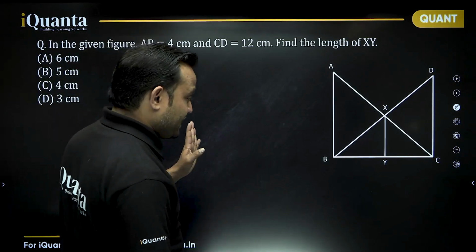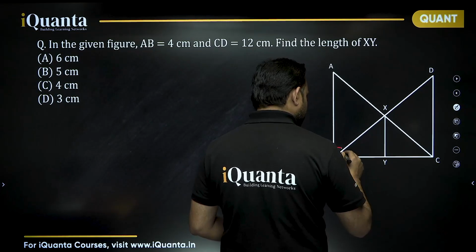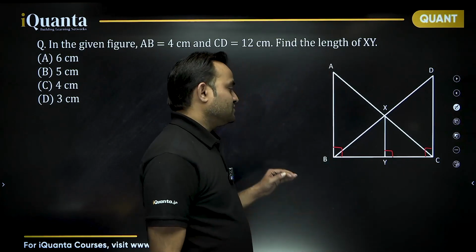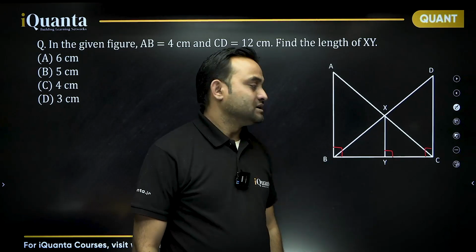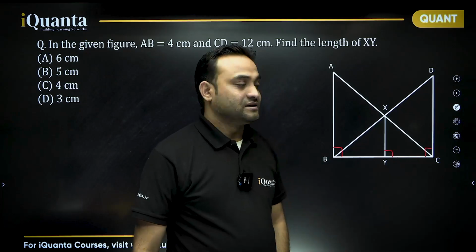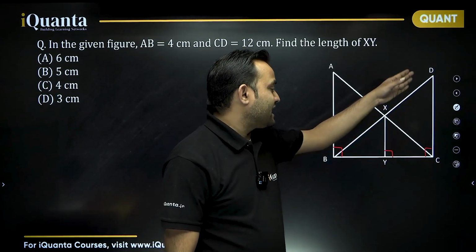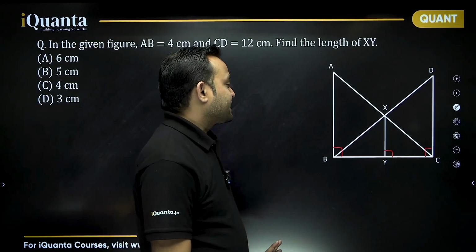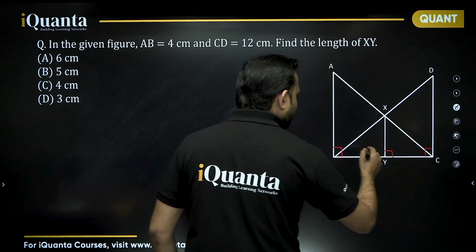Now, it should be mentioned here that these are perpendicular lines. These three lines are perpendicular to side BC. So AB is perpendicular to BC, XY is perpendicular to BC, and DC is also perpendicular to BC. Now remember, if all of them are perpendicular to the same line, these three are parallels.